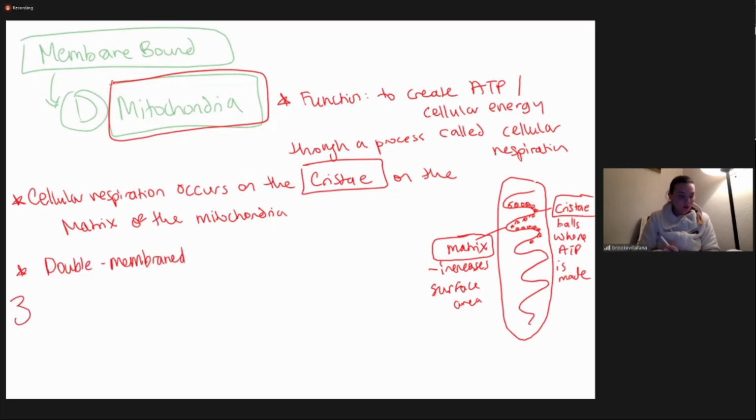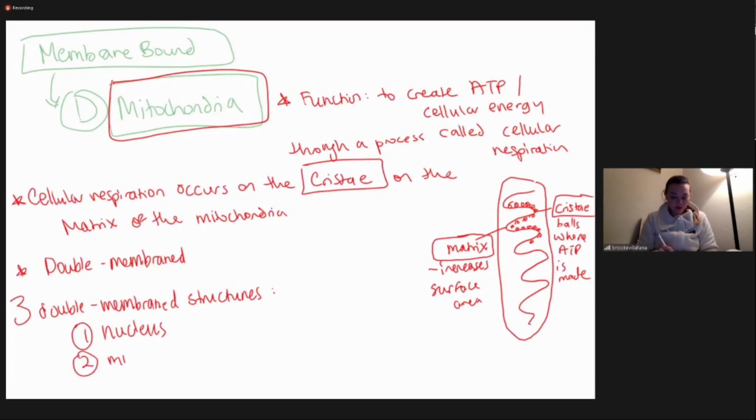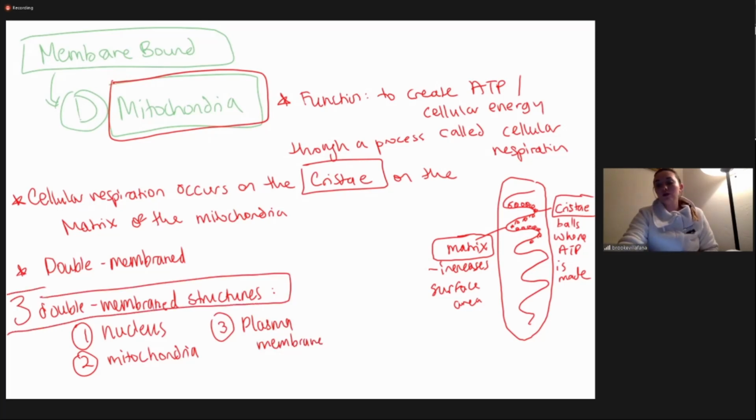Okay, so the three double membrane structures are the nucleus, the mitochondria, and the plasma membrane, right? So three double membrane structures are the nucleus, mitochondria, and plasma membrane.